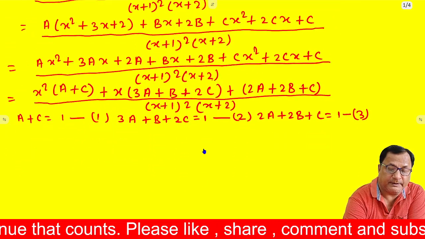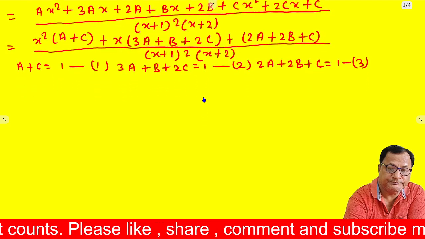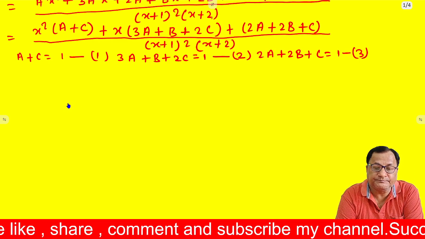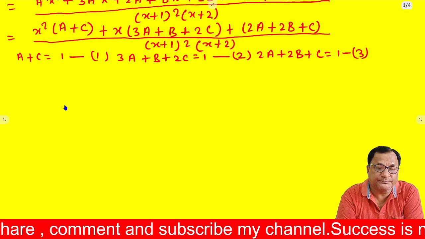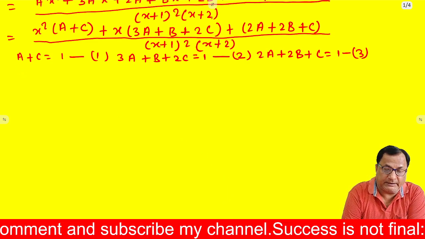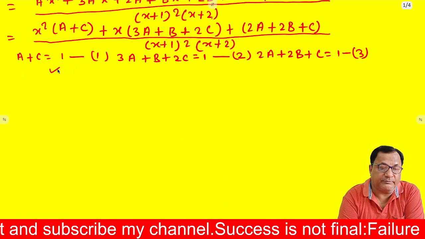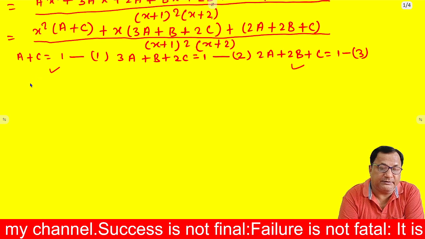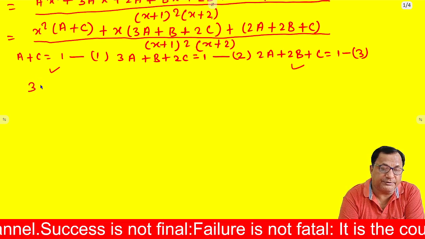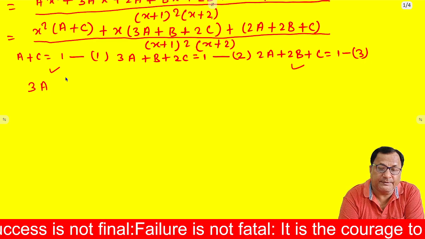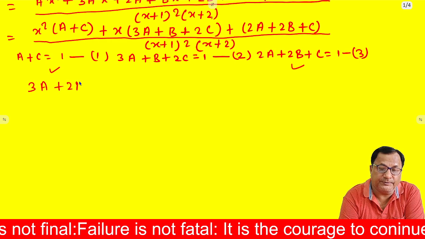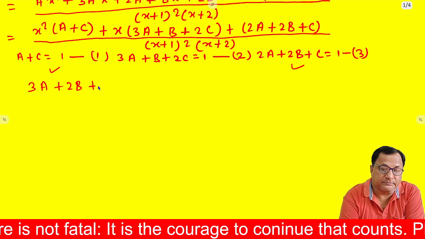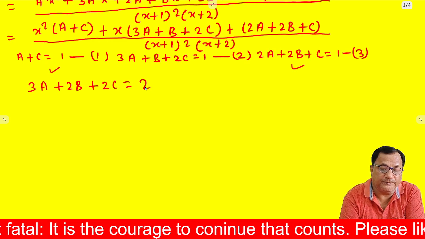Now we will find the values of a, b, c. If we add equation 1 and 3, then this will be 3a plus 2b plus 2c is equal to 2.